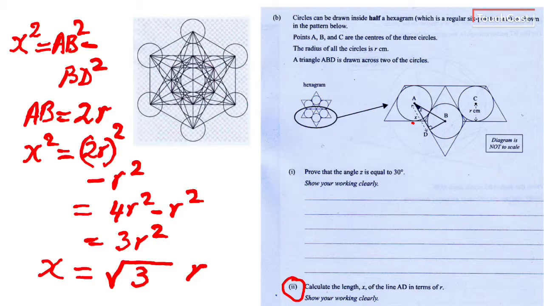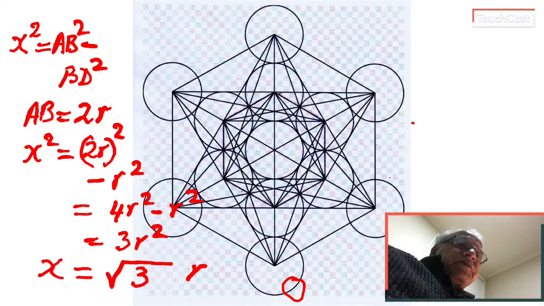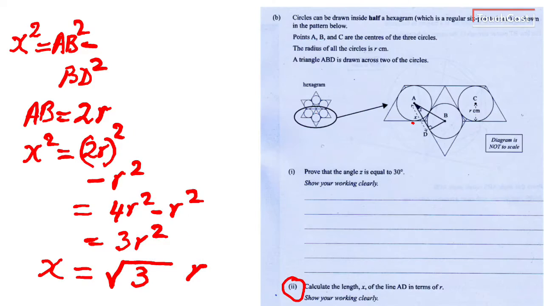Alternative way could be using cosine ratio. We could have, let me write it over there.